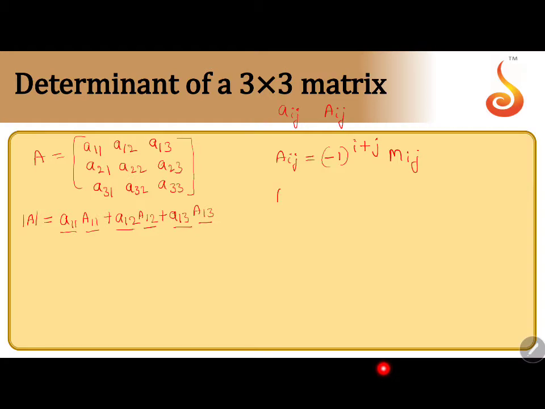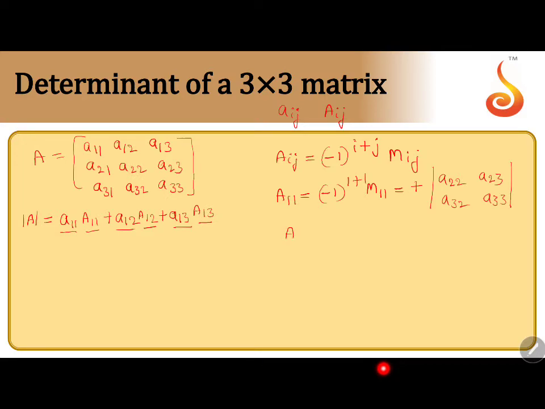Now here A11, cofactor of the element A11, minus 1 whole power 1 plus 1 into M11. So minus 1 power 2 is an even number, plus M11 means minor of an element A11. That means eliminating first row and first column, then remaining A22, A23, A32, A33.